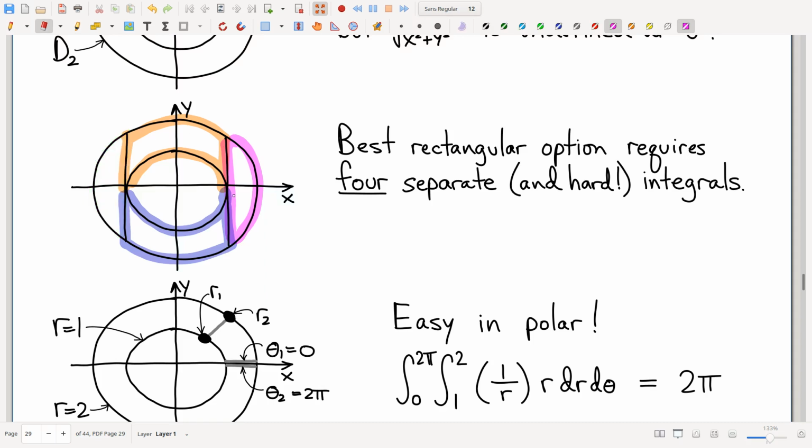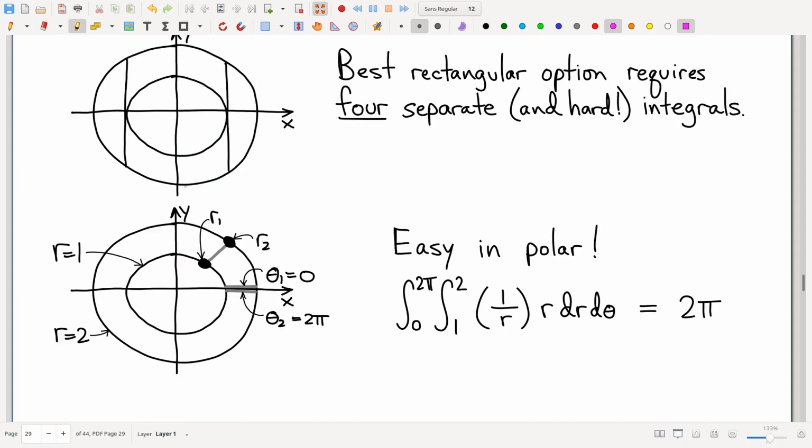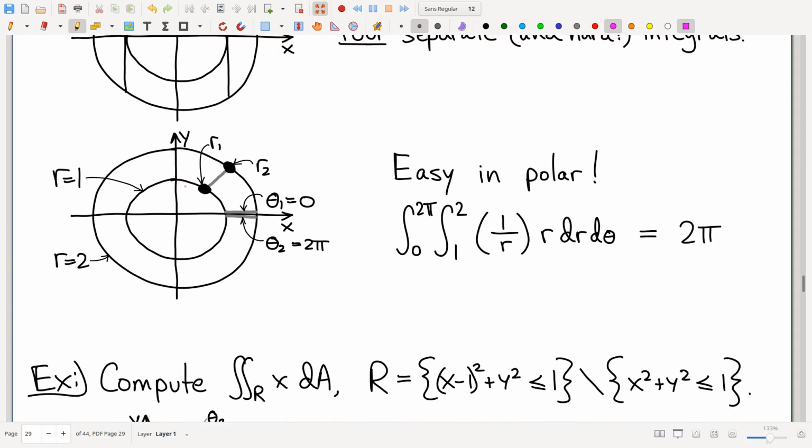Okay, so let's use polar coordinates, and it's just super convenient. Apparently we're going all the way around. Theta goes from 0 to 2 pi, easy observation. And then for a given value of theta, r starts at that point, which is on that curve, which has that equation.